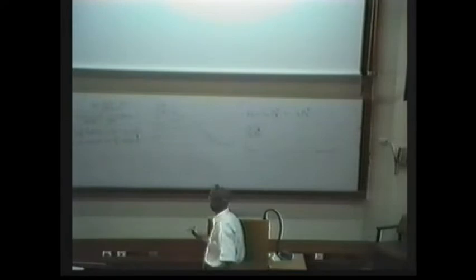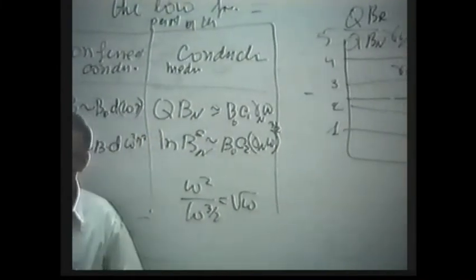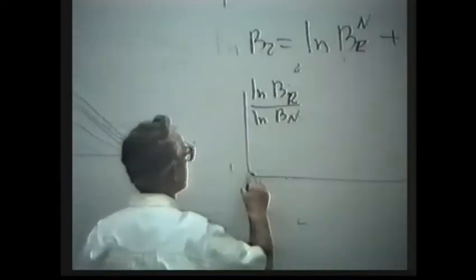So let us take the ratio, omega squared over omega to the 3/2. For sure we get the square root of omega. So the graph will have a completely different form.